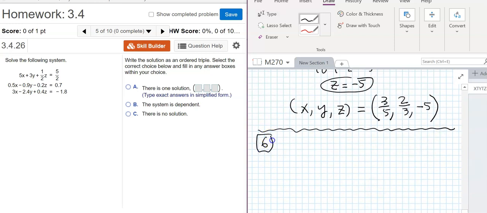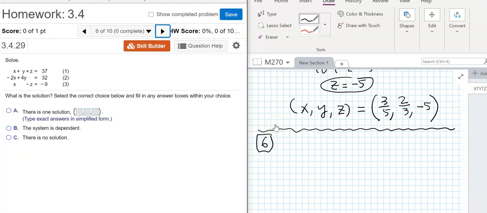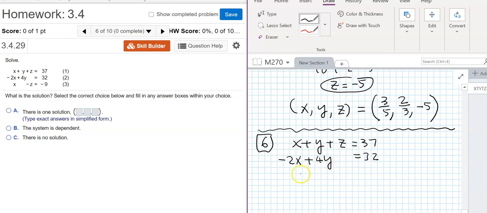If you go to number 6, again this is a system of equations. x plus y plus z equals 37. Negative 2x plus 4y equals 32. And then x minus z equals negative 9.